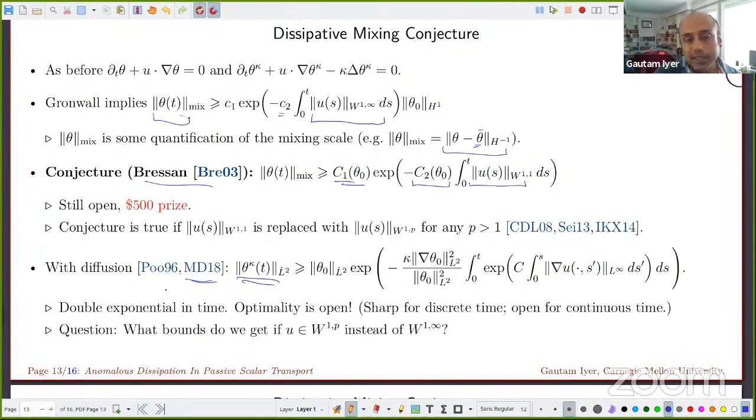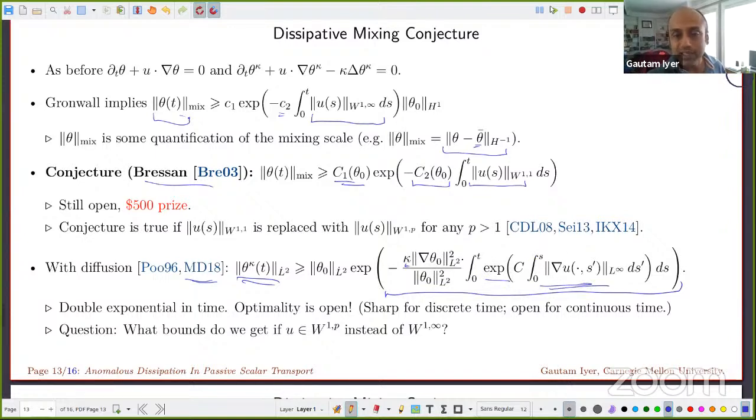So the lower bound you have is that the L2 norm is bounded below by something which is double exponential in time. So e to the minus kappa, certainly I expect that. But you see what comes after the kappa. It's again e to the integral of u, so the integral of u in time.